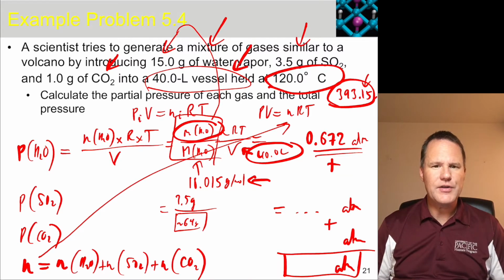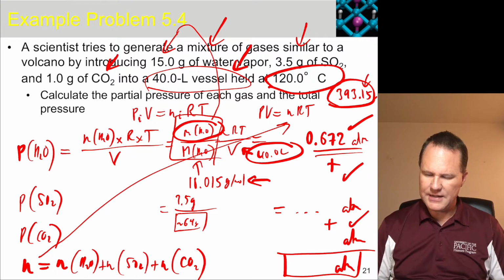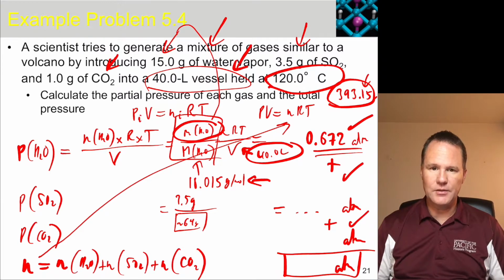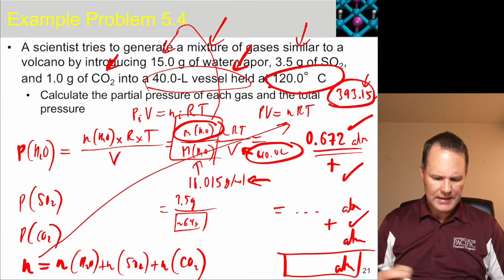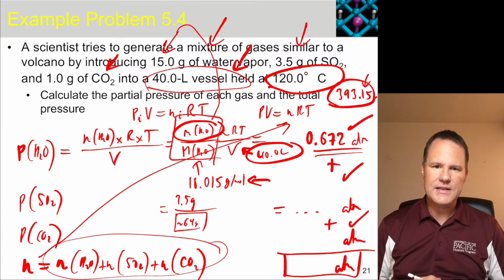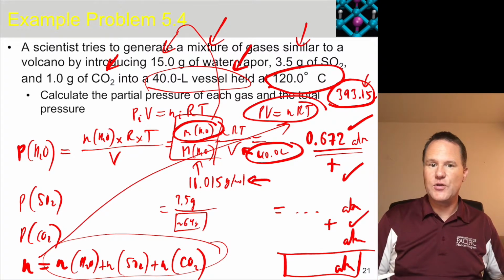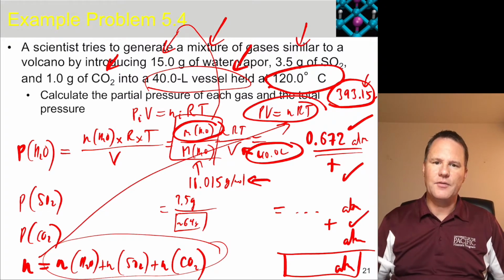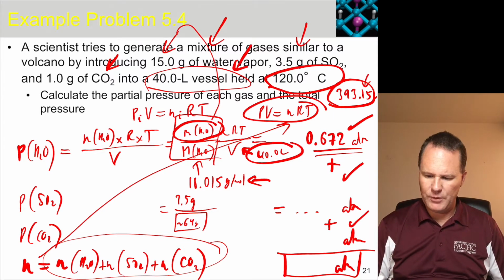I actually encourage you at home to do first the individual partial pressures, this one, that one, and that one, and then get the total pressure, and then also do it by calculating the number of moles for each species, ending up with the total number of moles, and then putting in PV equals nRT, and you should get, of course, the same value, within rounding errors.